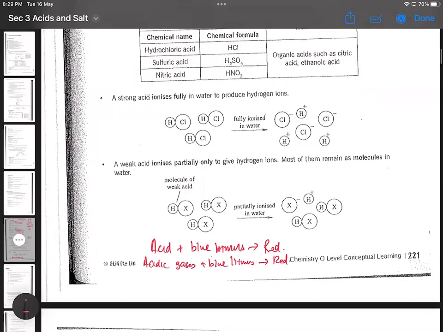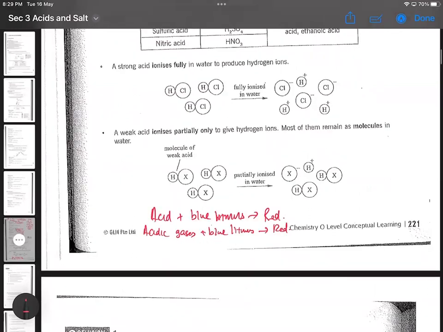Okay, so my next question is this. One of these setups, the litmus paper will turn red. Another setup, the litmus paper doesn't turn red. I literally just write this and then you see if you can catch it.